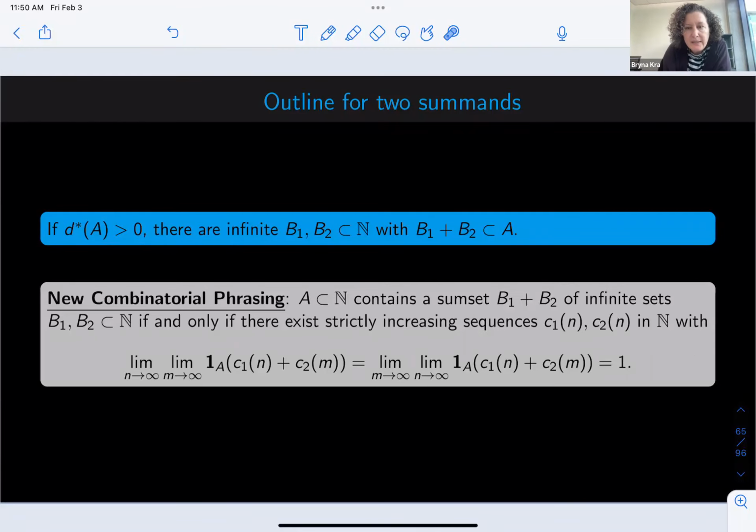So the first big hurdle is to combinatorially translate this into a different phrasing. So the first translation I'm going to do is the correspondence principle part, which is really the first thing that needed to change.